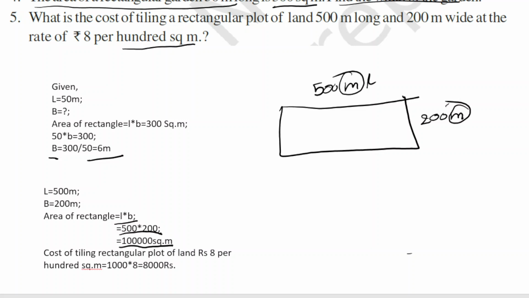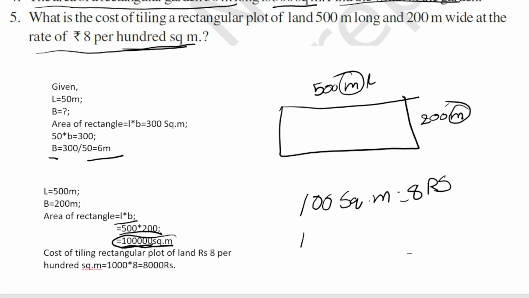And here it is given that for tiling this rectangular plot, we need 8 per 100 square meters. Per 100 square meters, it is costing 8 rupees. But here the area is 1 lakh square meters. So for 100 square meters, it is costing 8 rupees.